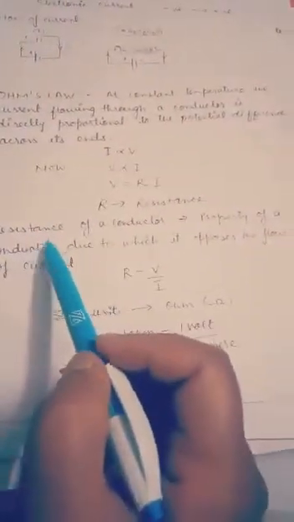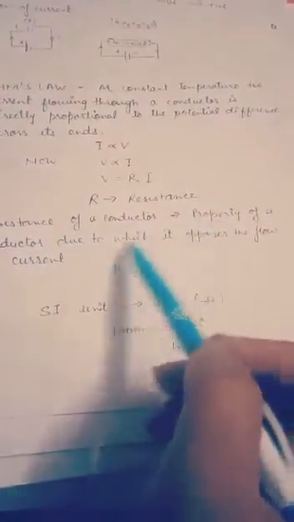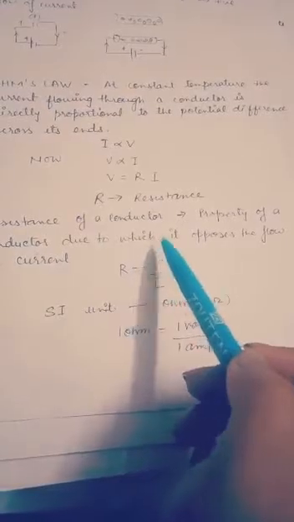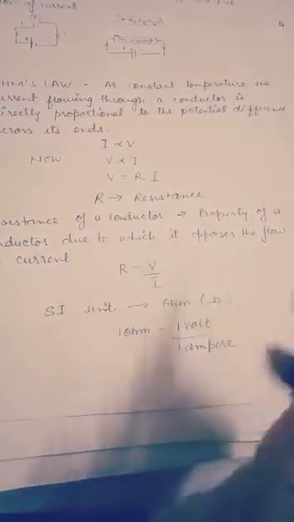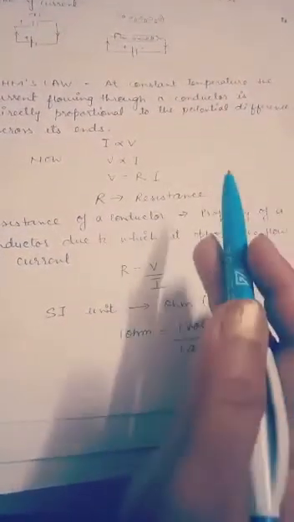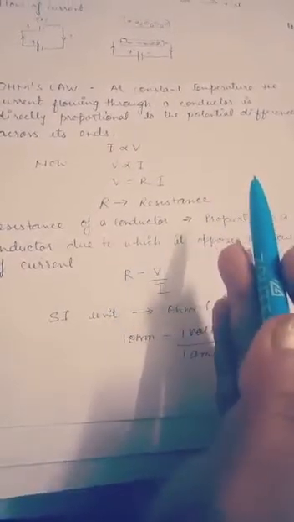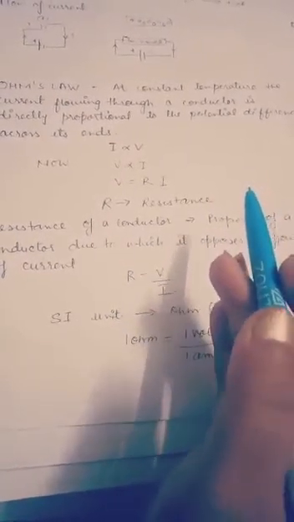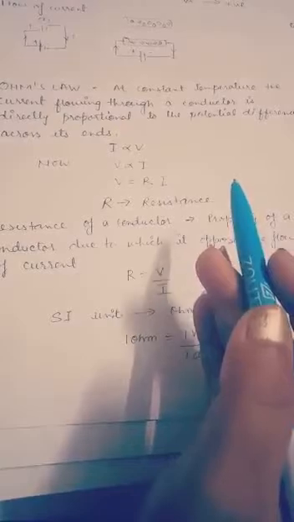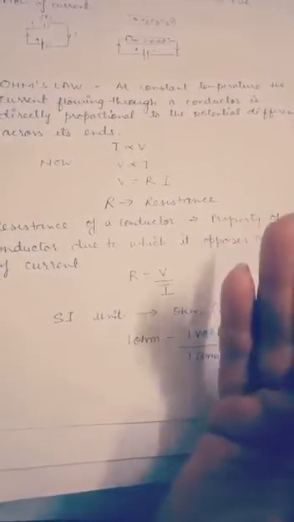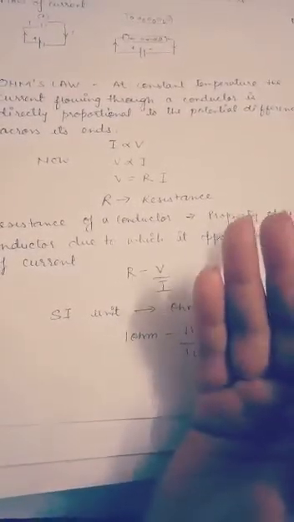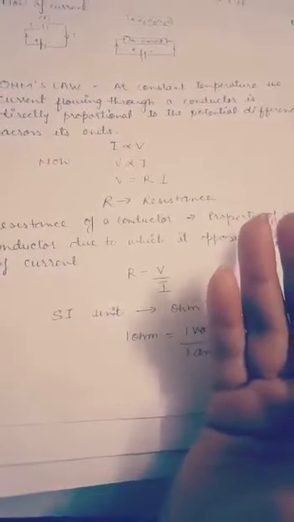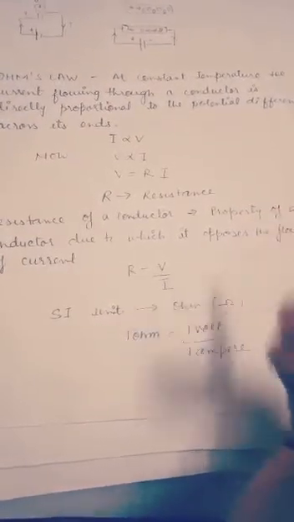We can say resistance of a conductor is a property of a conductor due to which it opposes the flow of the current. That is, it is a hindrance in the flow of the current. If the resistance of any wire is low, we call it a good conductor. If the resistance of a wire is high, we call it a resistor or a resistance wire.